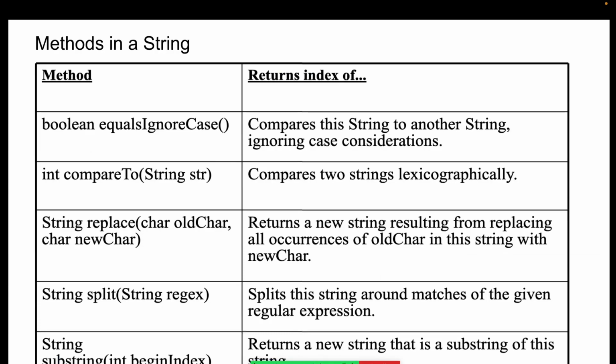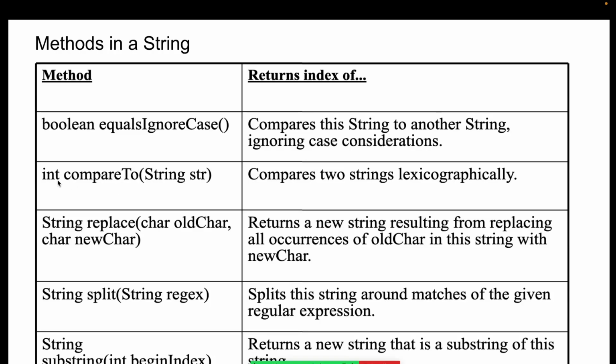Then there are more methods. We have seen equalsIgnoreCase, right? This basically compares two strings and ignores the case. Then we have the compareTo method. It basically compares two strings: string1 dot compareTo string2.